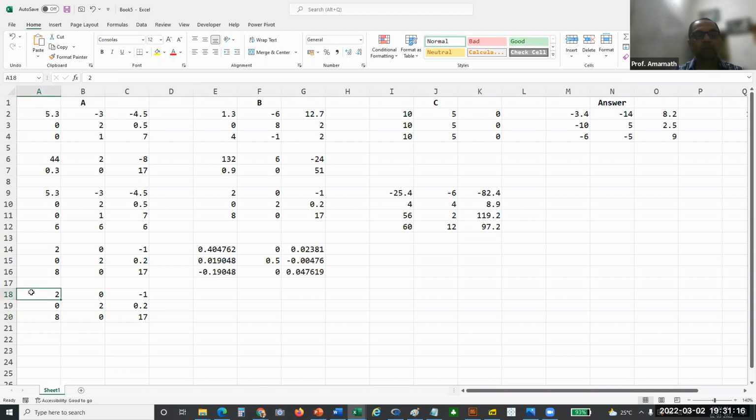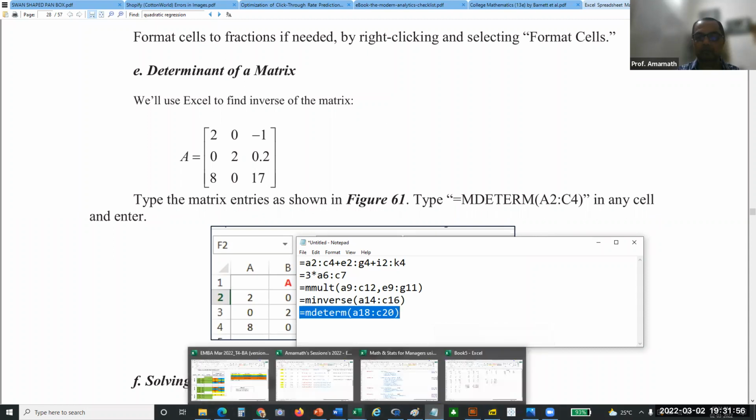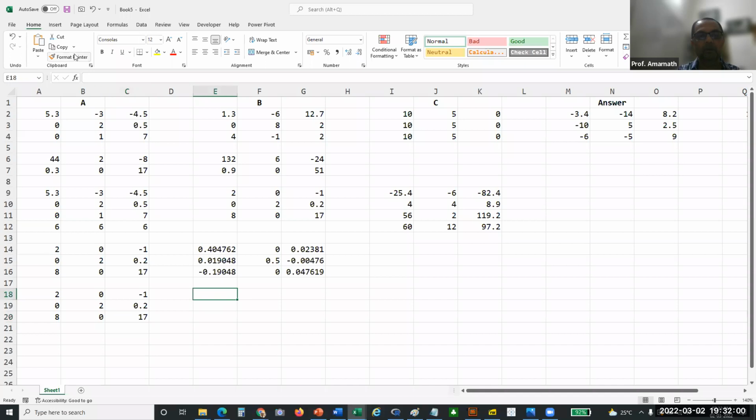This is from A18 to C20. I just need to change the function to MDETERM, then go here, paste whatever is there, and press Enter.